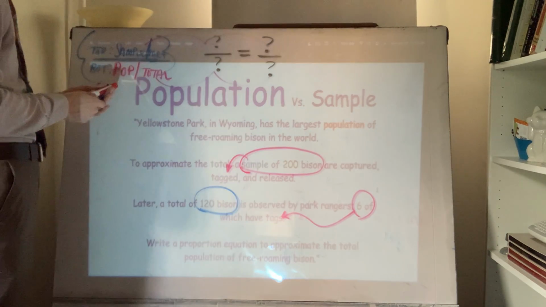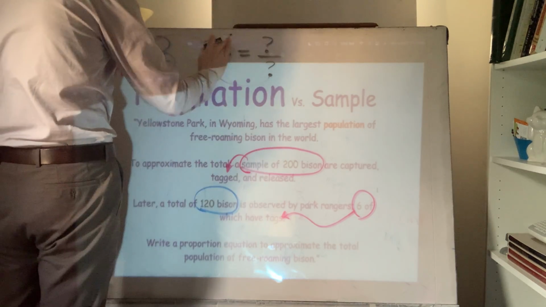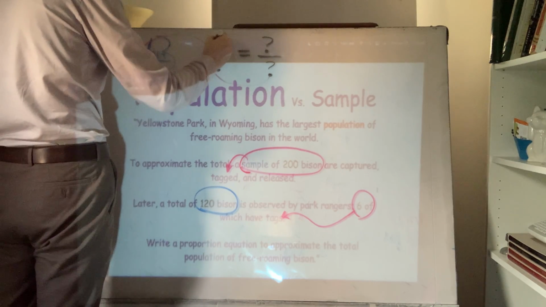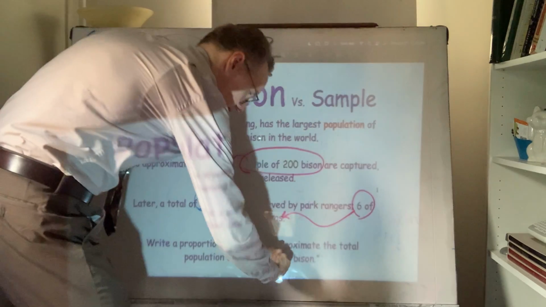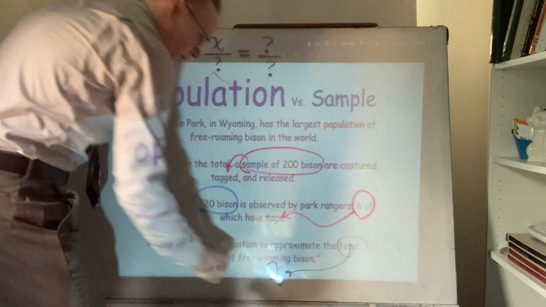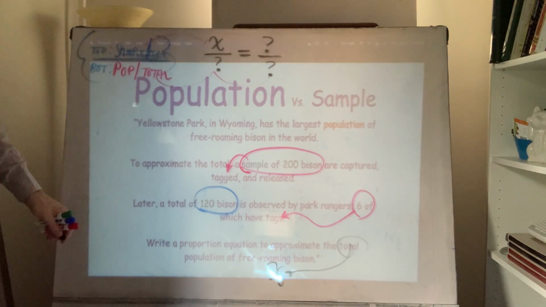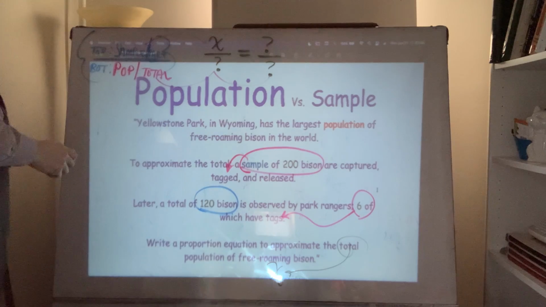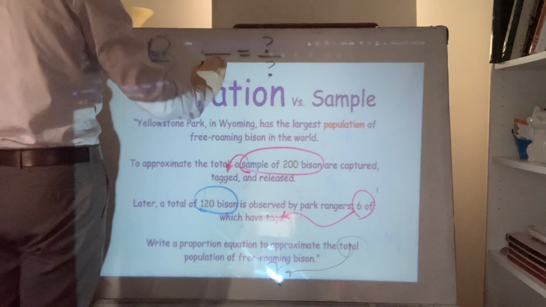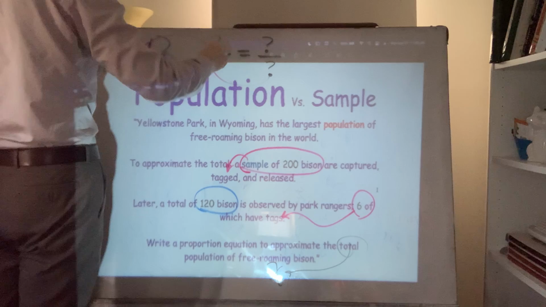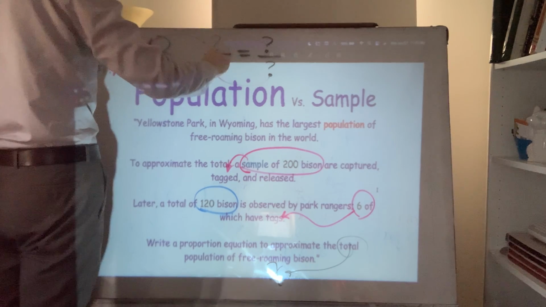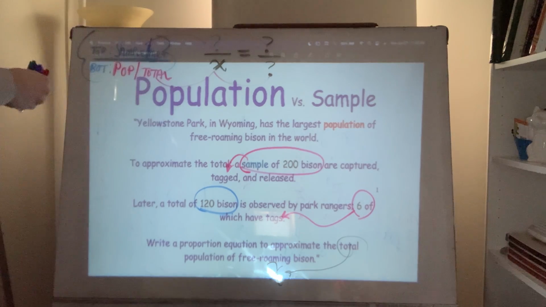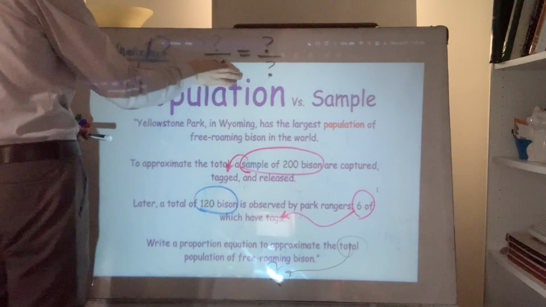So we don't actually know that. What we could do in the first ratio is put X to represent the total free roaming bison, down here, rather. I'm sorry, I'm not taking my own advice. In the second fraction, well, I'll finish this one. We already have the void filled in.